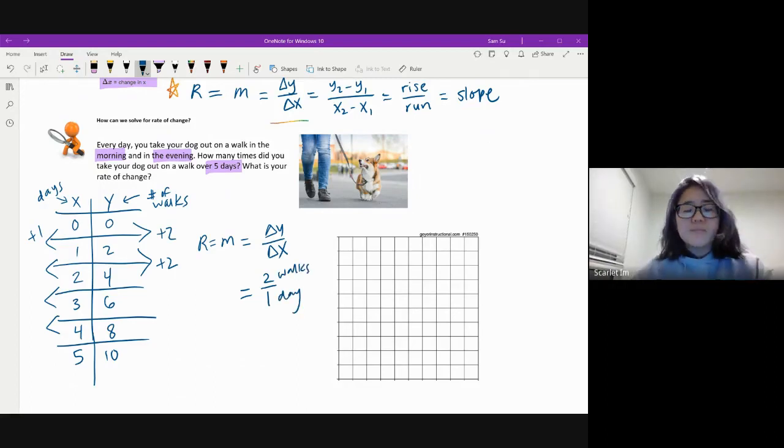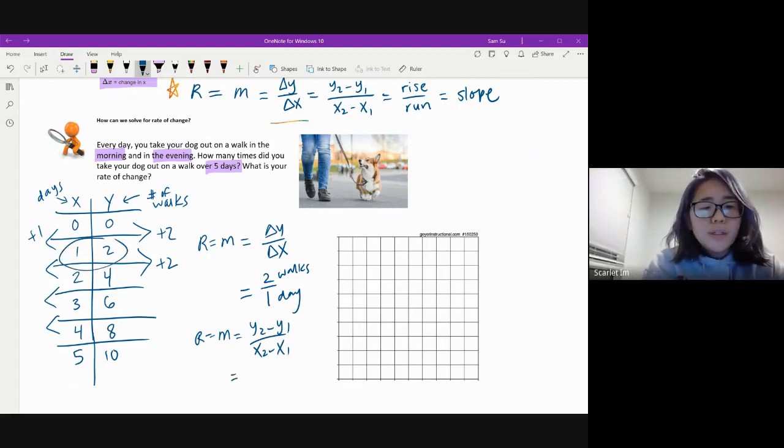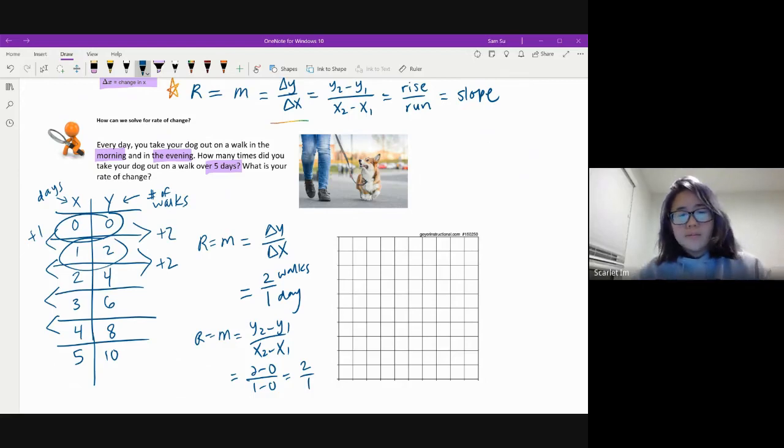I can also use this other formula, y2 minus y1 over x2 minus x1, picking 2 points and solving it that way. So I'm going to do 2 minus 0 over 1 minus 0, and that also gives you 2 over 1.